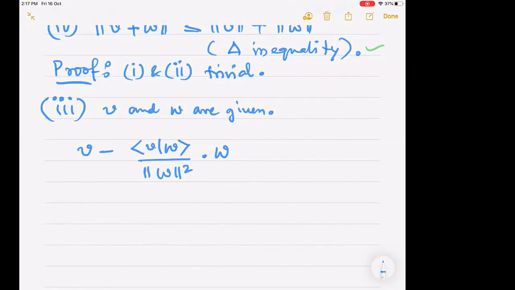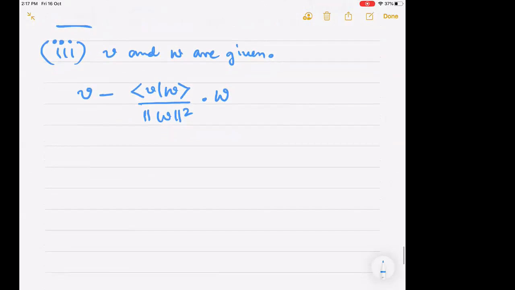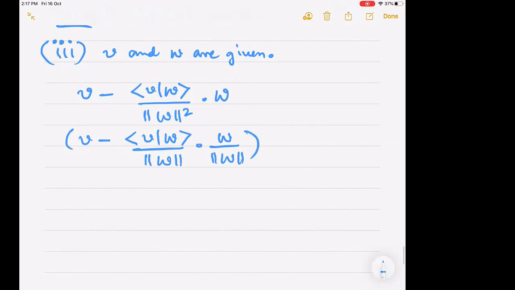This is the so-called orthogonal projection of the vector V onto the vector W. If you don't understand the meaning of this at this point, that is perfectly all right. Just compare this with our natural understanding of the inner product.